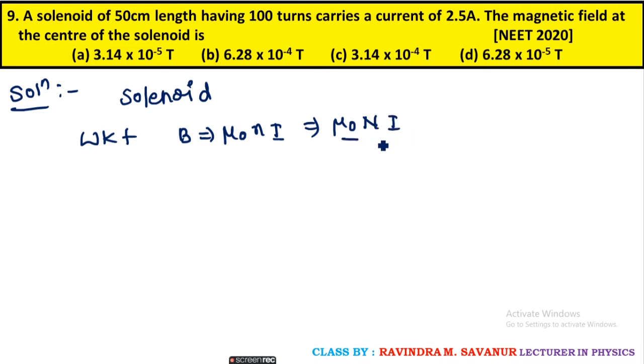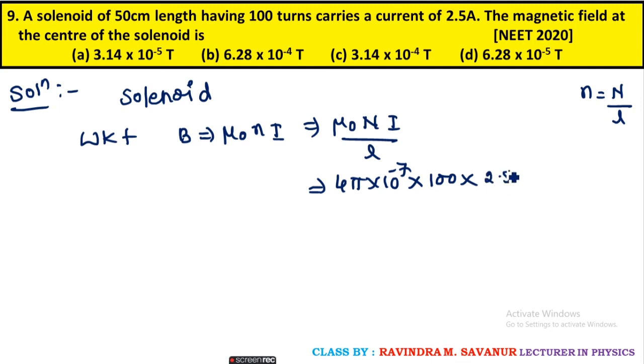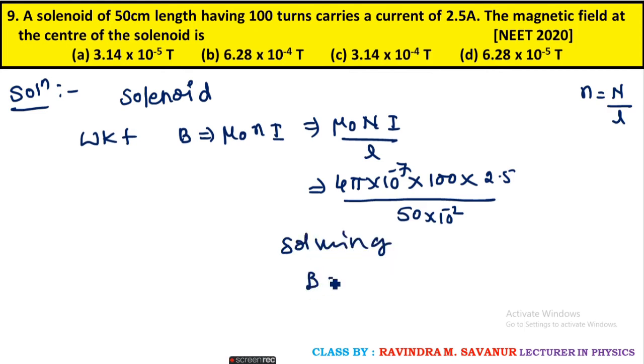Number of turns per unit length, that is small n equals capital N upon L. Substitution, mu naught is 4 pi into 10 to the power of minus 7. Number of turns is given, how many is it? 100. Current is 2.5 ampere. Length is given, how much is it? 50 centimeter, means convert this into meter. After solving this, we are going to get the magnetic field around 6.28 into 10 to the power of minus 4 Tesla. Option B.